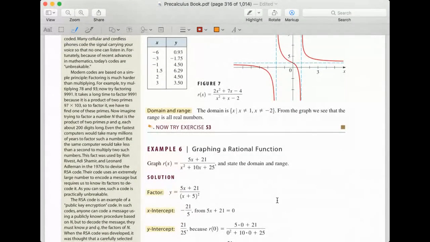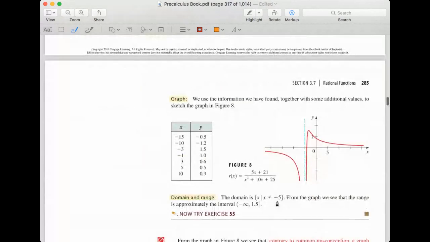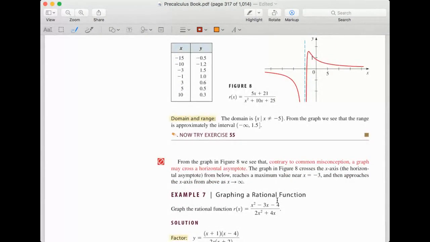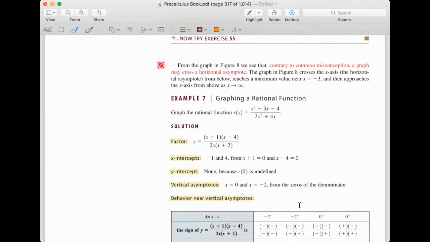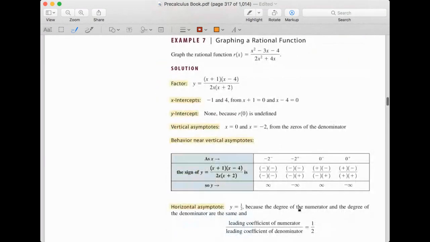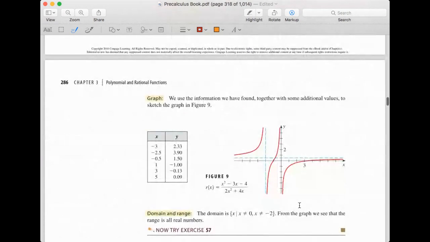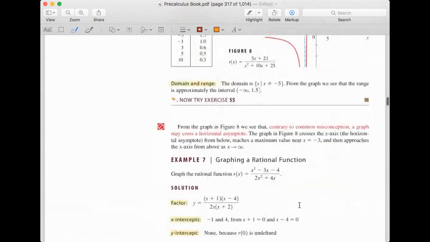All right, so this is all about rational functions. At this point, we're not going to be so crucial about graphing these rational functions yet. Actually, maybe we should talk a little bit about it.